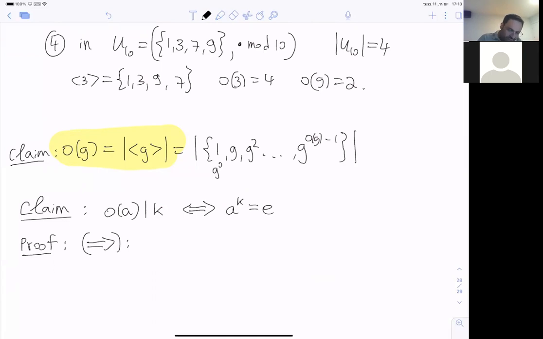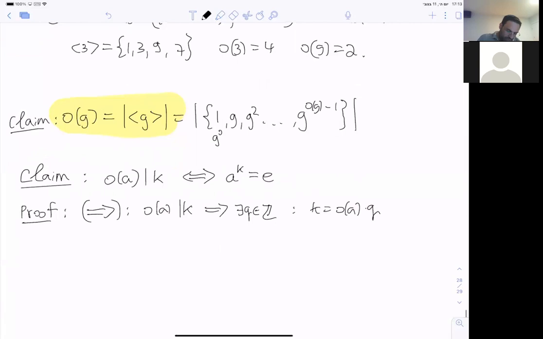Because what does it mean to divide k? If OA divides k, this means that there exists some integral quotient Q such that k is OA multiplied by Q. So what is A^k?